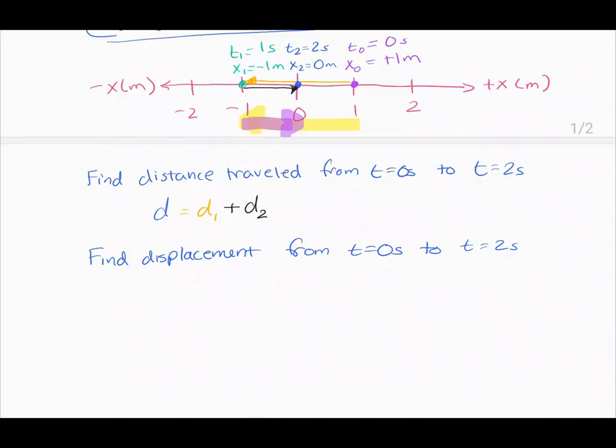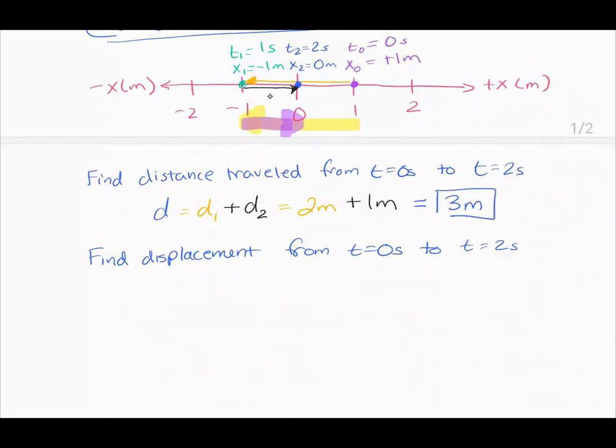The orange section, I'm moving 2 meters. And then for that black section, I'm just moving 1 more meter. So when I add those up, my total distance is 3 meters.